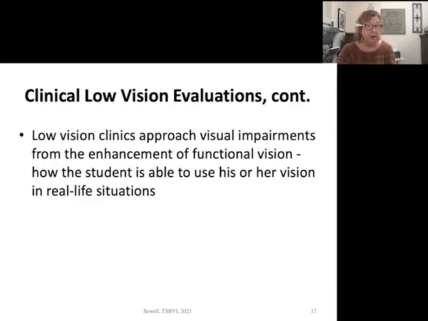Clinical low vision evaluations approach visual impairments from the enhancement of functional vision, typically, how the student is able to use his or her vision in real life tasks, in real life situations. The functional vision evaluation is similar, but it also looks at environmental modifications that a student might need.